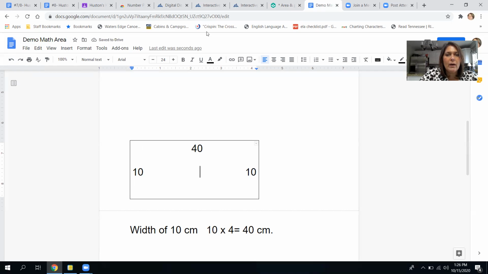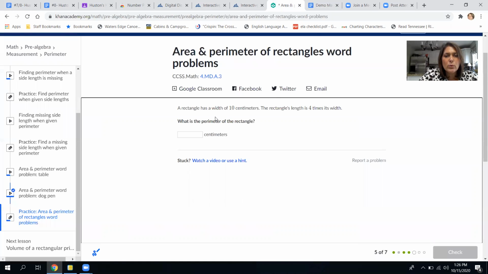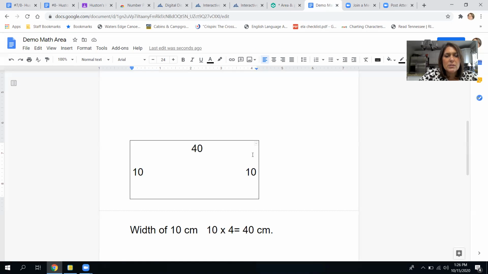So again, the question says, what is the perimeter? The width is 10. The width on the opposite side is 10. The length is 40 centimeters. The opposite side length is 40 centimeters. So what is the perimeter? Take a second, figure that out.